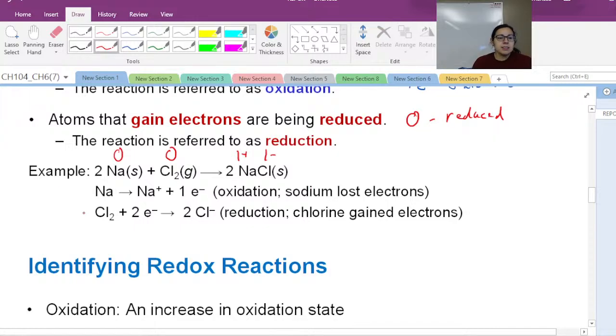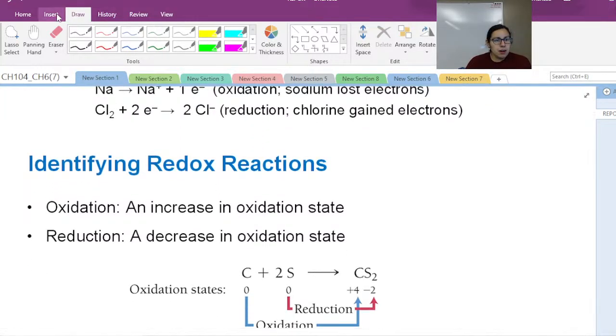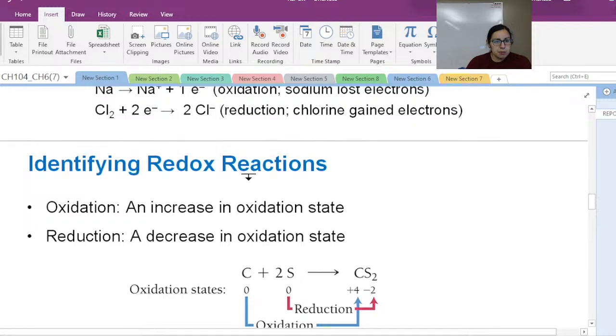That all makes sense. Then we can put together our electronic bookkeeping and our terms: our sodium was oxidized since it lost electrons, and our chlorine gained electrons. It's not too bad. And then we'll do some quick mnemonics as well, just to help you remember.